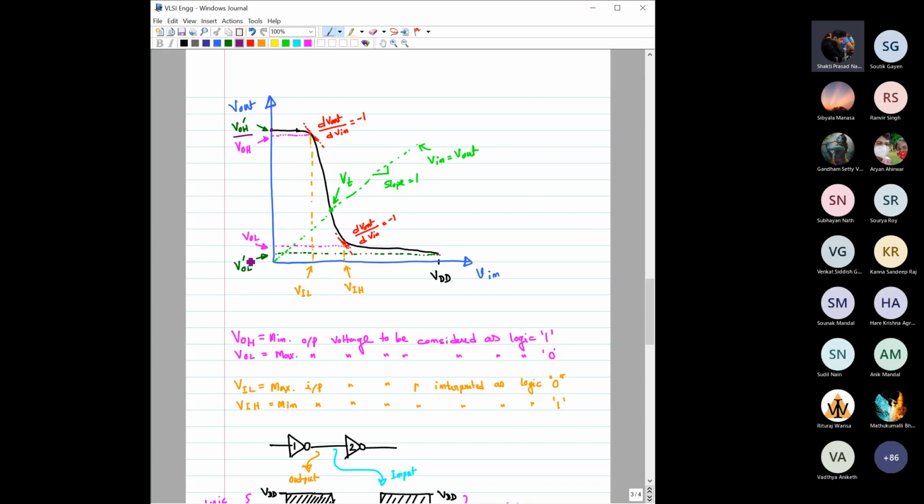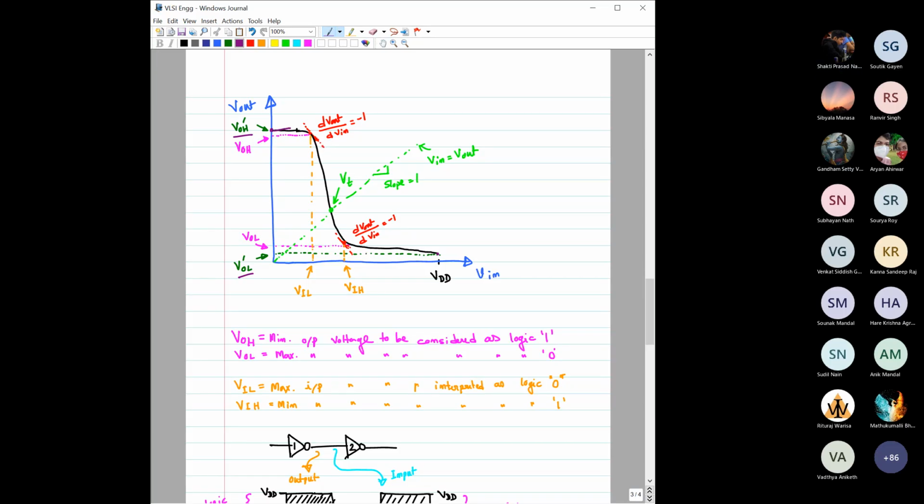Please give me some time to discuss what this VOH dash is and why it is so important. But as of now, just try to understand that this is VOH dash and this is VOL dash. Okay, now you see when you are increasing this Vin, this line falls and takes the shape, right? Okay, now when it is falling, right?